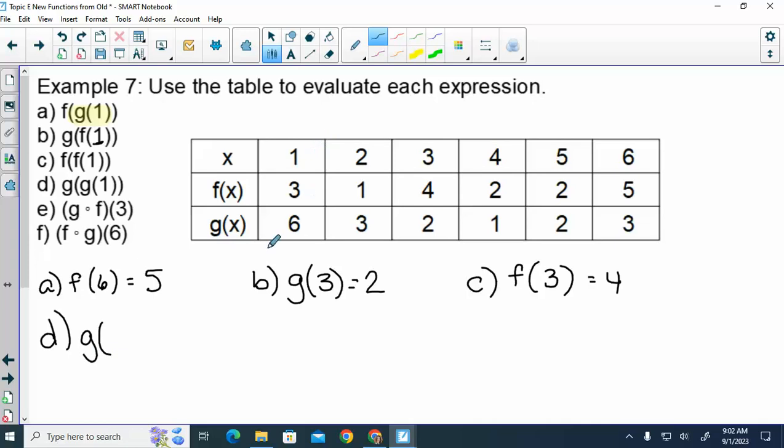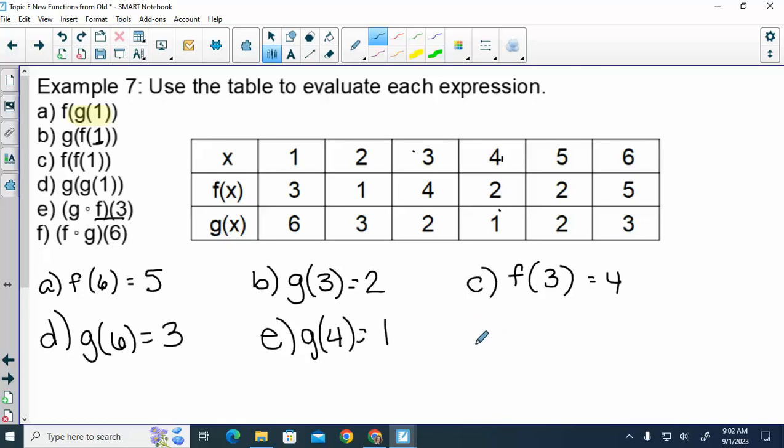So G of 1 is 6. G of 6 is 3. E. G composed with F of 3. So we start with F of 3. When X is 3, function F is 4. So G of 4. When X is 4, function G is 1.